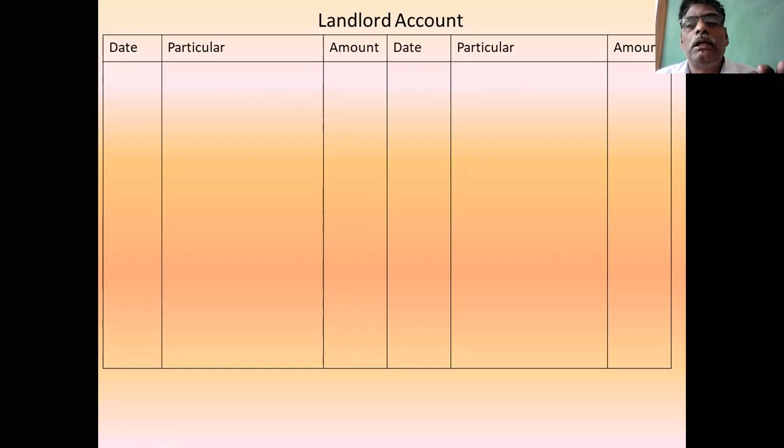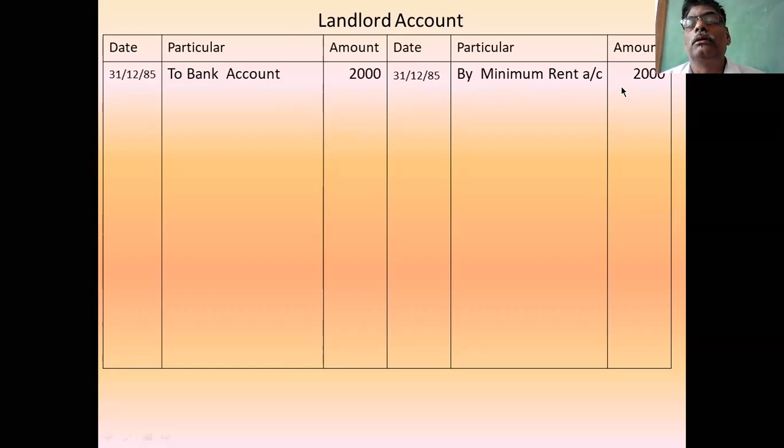You have to make a slight change on the credit side. Instead of royalty, you have to write minimum rent whenever there is a minimum rent account. Otherwise, you write the royalty. You see here, first year to bank account 2,000, by minimum rent account 2,000. Instead of royalty, I have taken the minimum rent because we paid minimum rent and there is a minimum rent account. Total 2,000. In this case, difference will not arise.